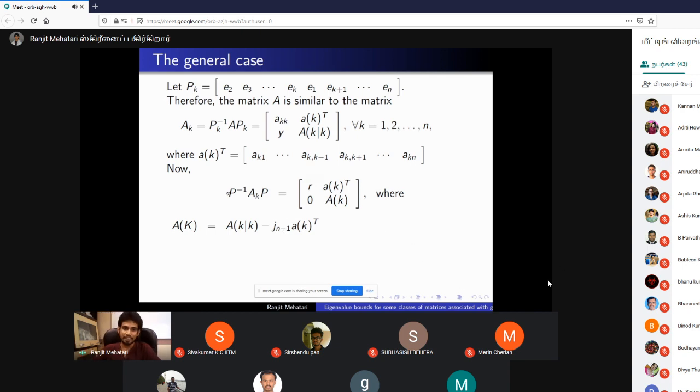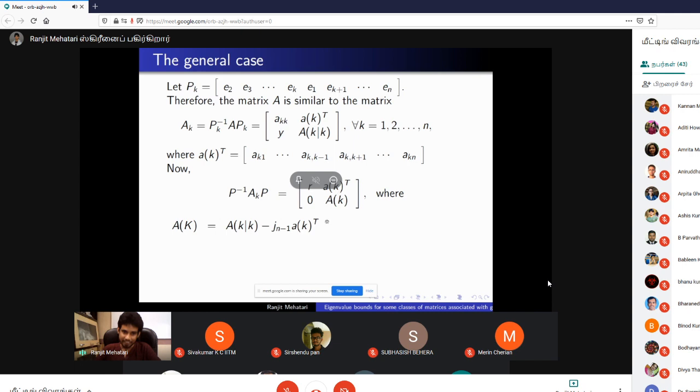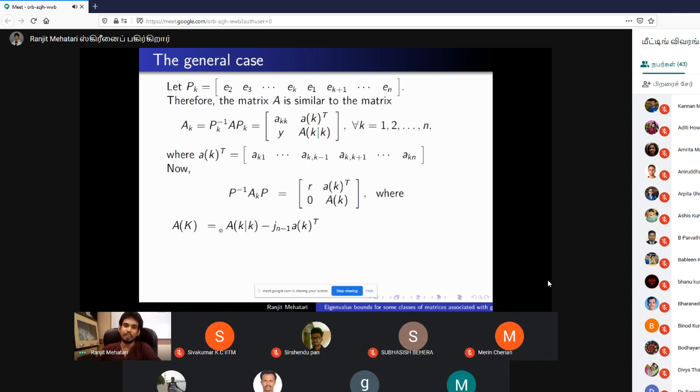And this Ak here we can define as the principal submatrix obtained by deleting the kth row and kth column, minus J n minus 1 alpha k transpose, which equals Ak minus a matrix whose rows are each equal to alpha k transpose. That means the vector obtained by deleting the kth element from the kth row.